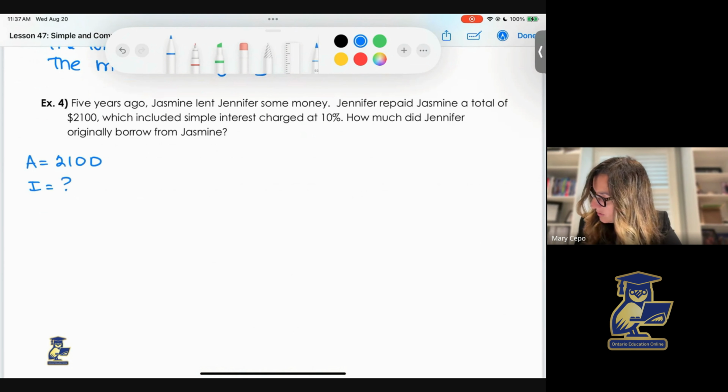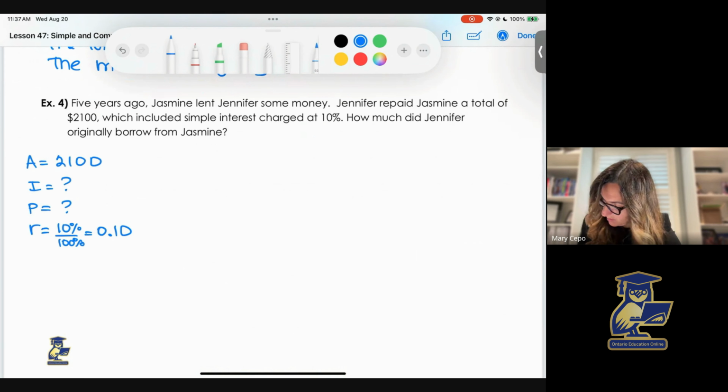Okay, in that case, we need the principal, where interest is principal times the rate times the time. So the rate we know is 10%. Again, divide that by 100, which is 0.10. And we know it took 5 years.